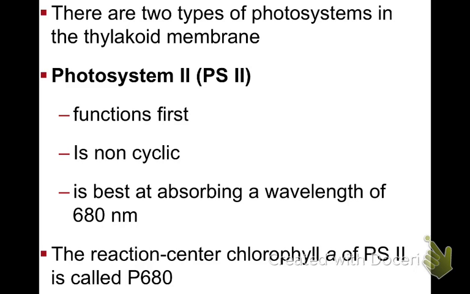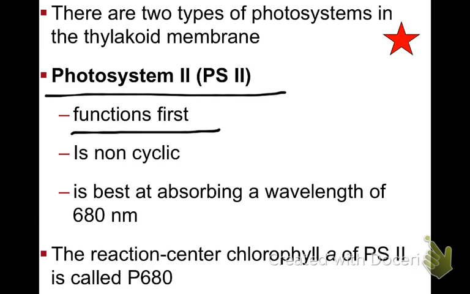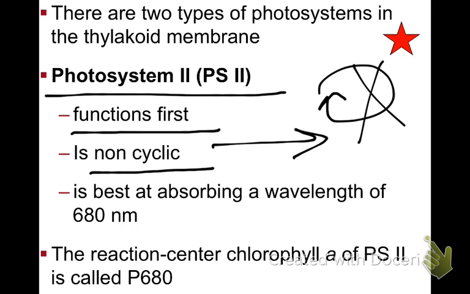So let's just go over it bit by bit. First, we have photosystem 2. This is what functions first. It is non-cyclic, like a straight line. There's no turning back. It is best at absorbing light of 680 nanometers.